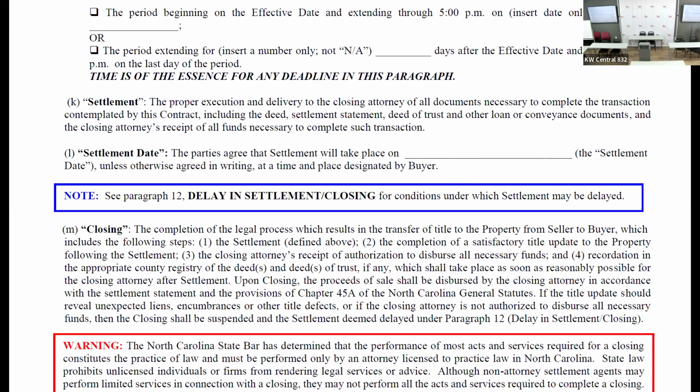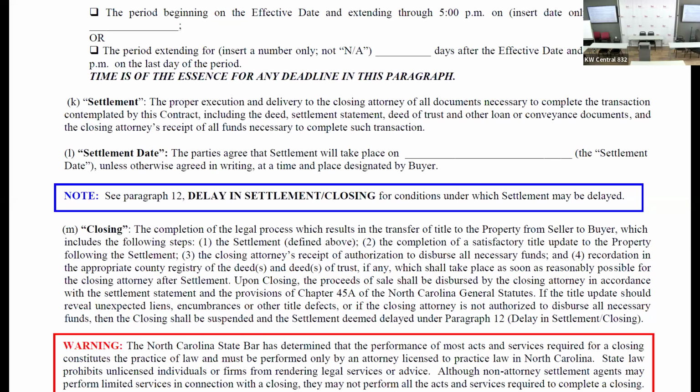Settlement date is the date that we are all going to sit down or not, and the attorney is going to record the deed, and everybody's going to get their money. Well, closing actually incorporates and includes the recording of the deed.